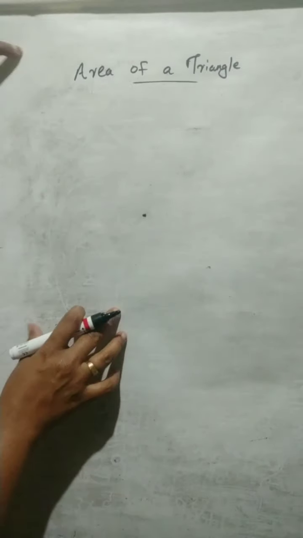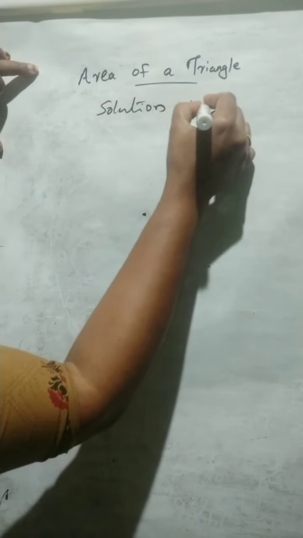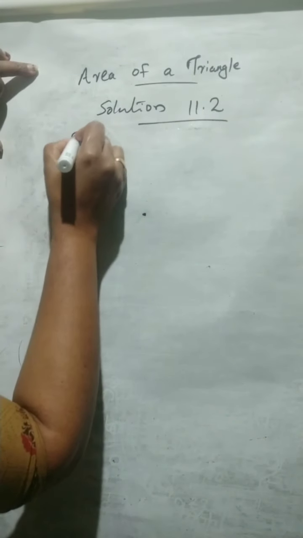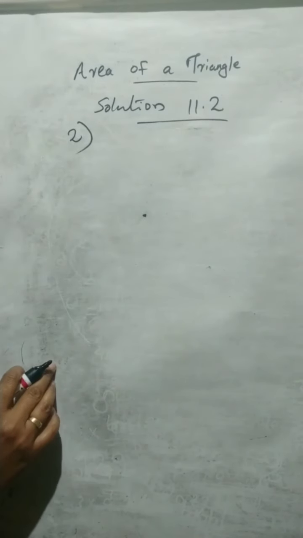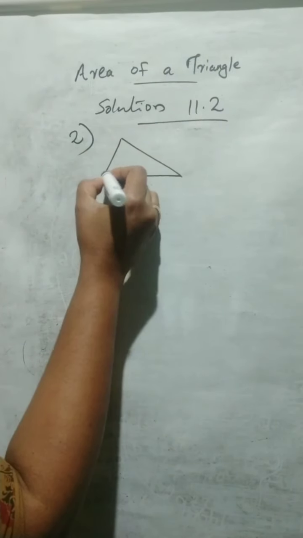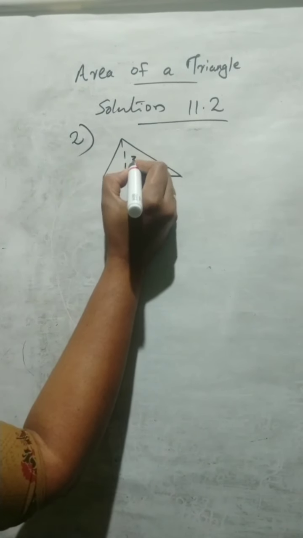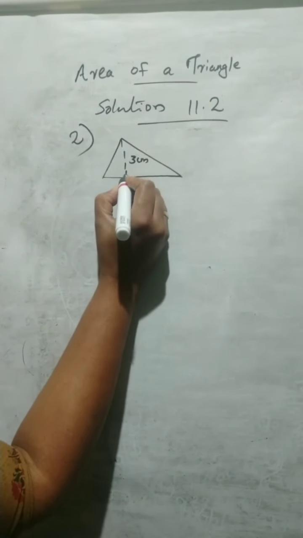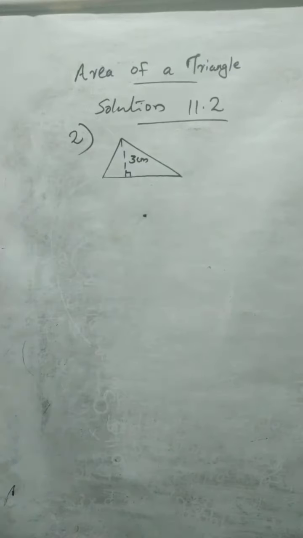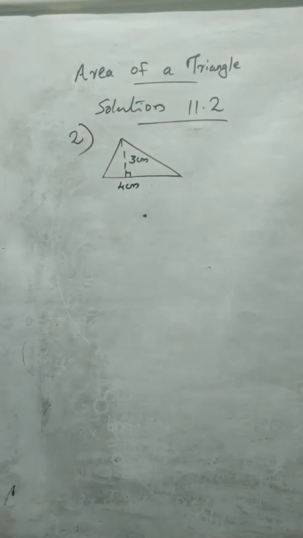Now we can find the solutions of exercise 11.2, group 2. The first question is, a triangle is given there. The height is given as 3 centimeter. This is the altitude, so here will be 90 degree. Then the base is equal to 4 centimeter.